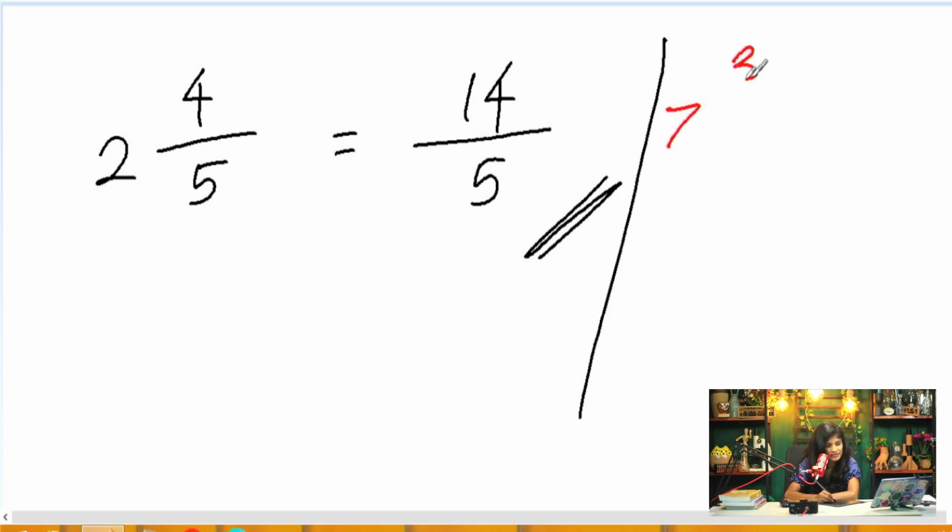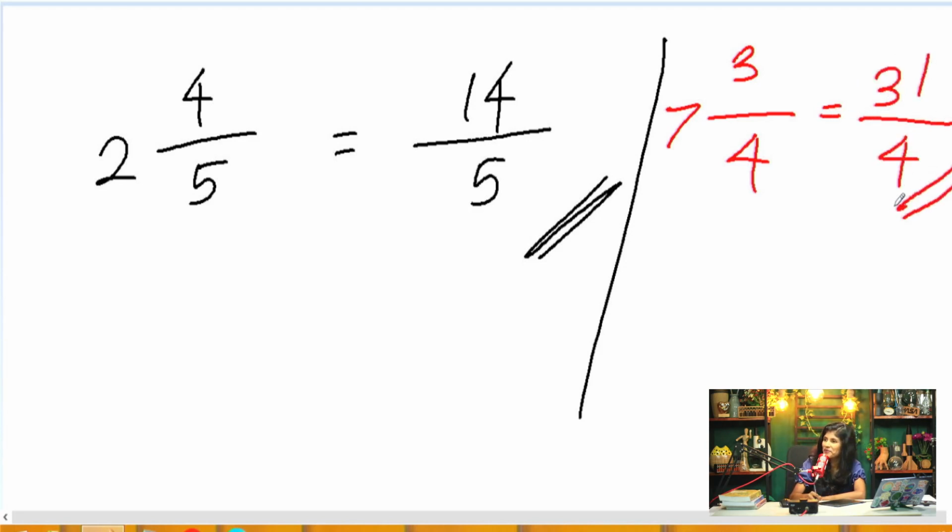7, 3 and here let's put 2. If I put 2 here, I can't use 3 here. Let's put 4 here. 4 times 7 is 28. 28 plus 3 is 31. 31 over 4.